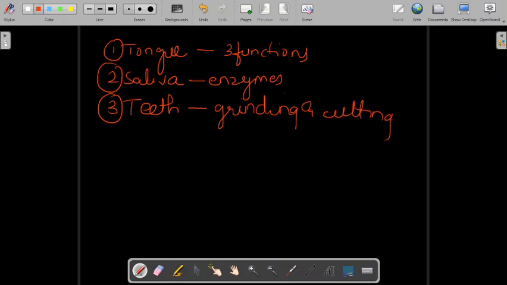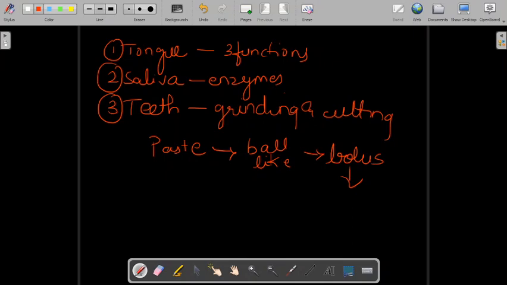Finally, after all the functions of the tongue, saliva and teeth, a paste-like structure is formed, and this paste is then formed into a ball-like structure which is known as bolus. This bolus is then pushed into the next part of our digestive system, that is, the esophagus.